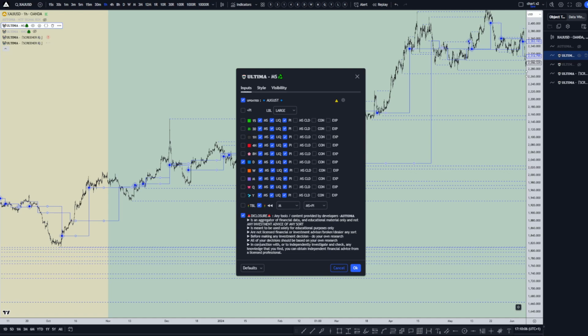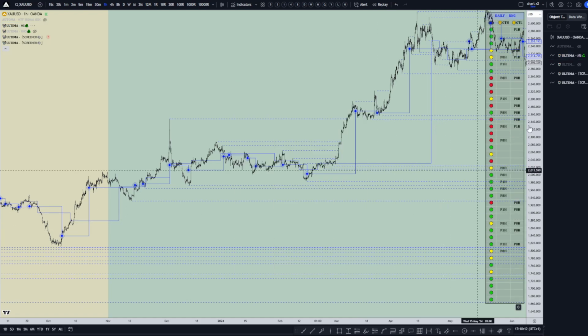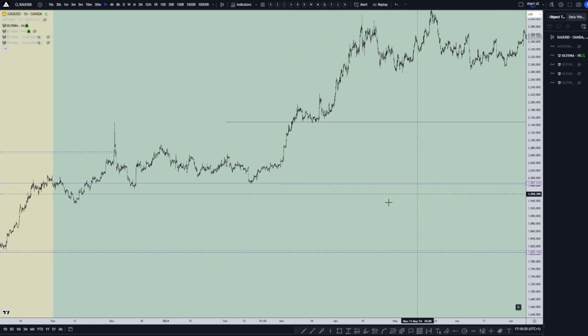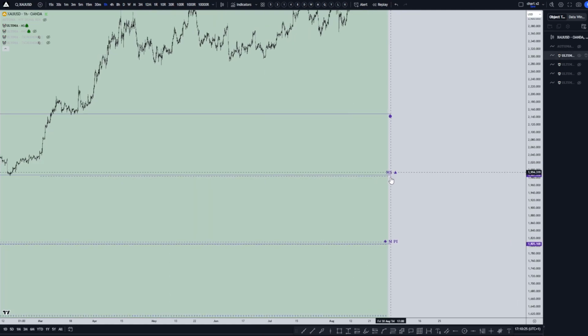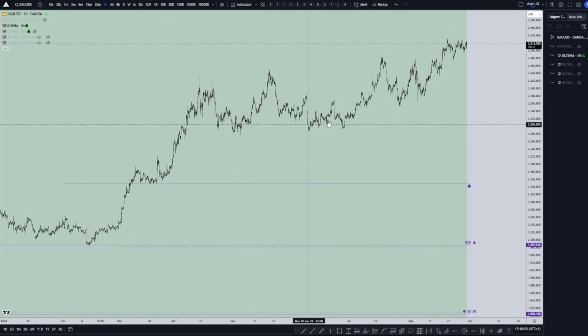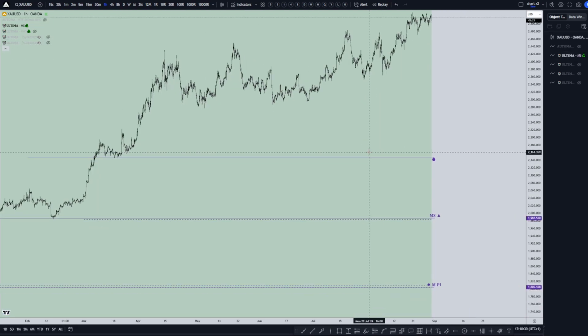Actually, let me change on the monthly, remove this. Just quickly, so there you have your monthly liquidity, monthly structural break, monthly power index. It's just been trending on the monthly time frame like crazy.